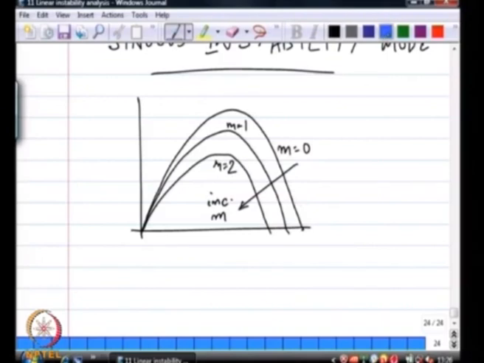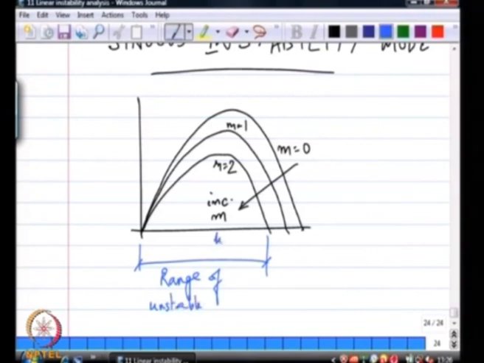So, not only is the range of unstable wave numbers, what I am marking here is the range of unstable wave numbers for m equal to 2, and you can see that the range of unstable wave numbers is decreasing with increasing m.